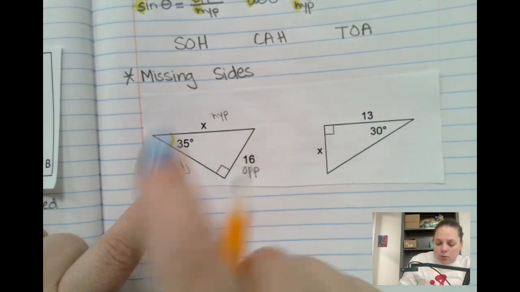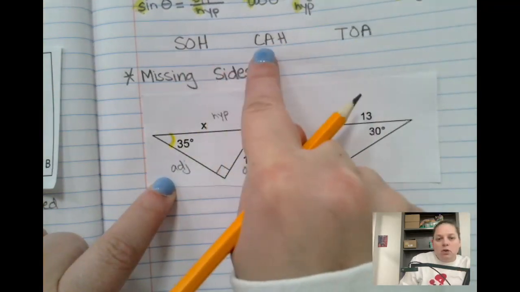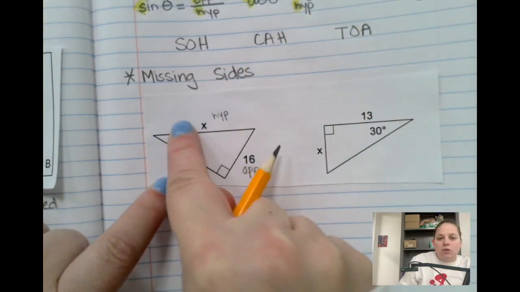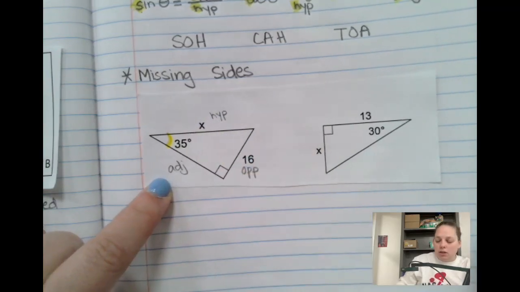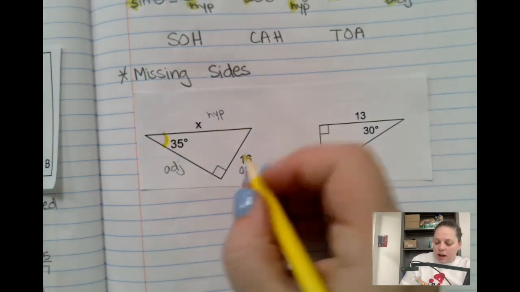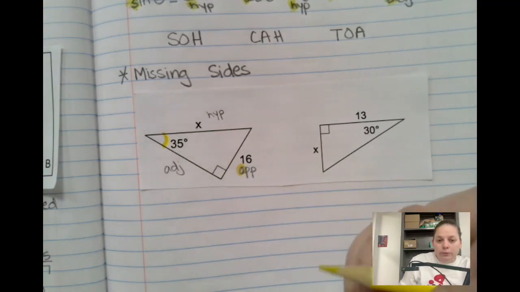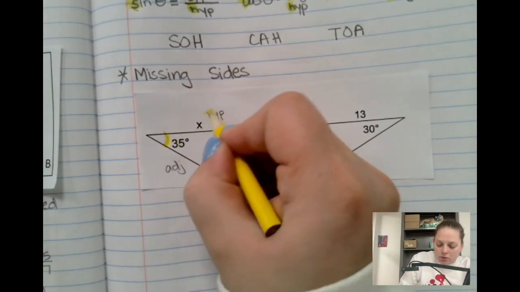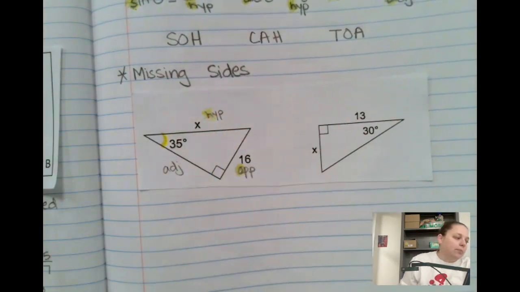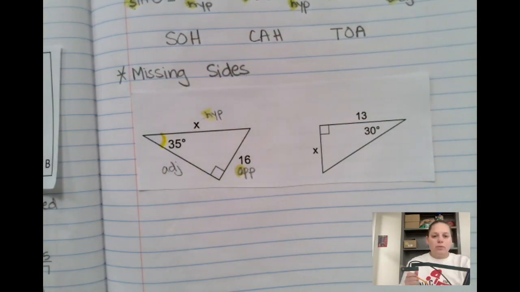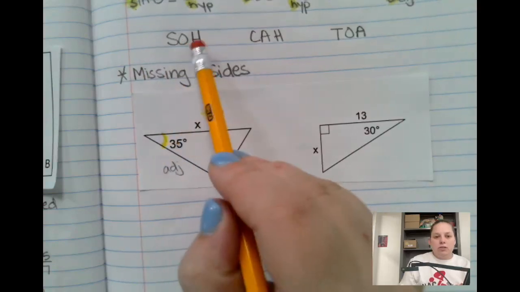So I need to decide which one of these I'm going to use, sine, cosine, or tangent, with this angle based on the 2 sides we're given. Well, the 2 sides we're given are an opposite, an O, and a hypotenuse, an H. So SOH tells us to use sine.